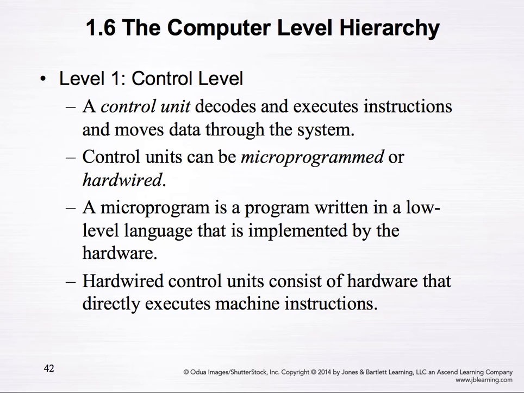On the other hand, the hardwired control unit consists of hardware that directly executes the machine instructions. So we can see that a microprogram is more flexible. On the other hand, the hardwired control unit is not as flexible, where if we want to change, we need to modify the hardware part.